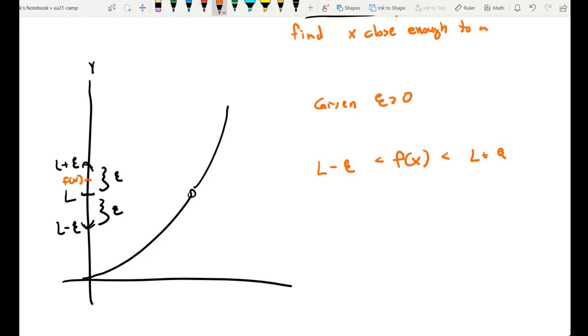We want f of x to be in that interval, between L minus epsilon and L plus epsilon. So can we find an x that's close enough to A? What do we mean by that? Can we find some interval?